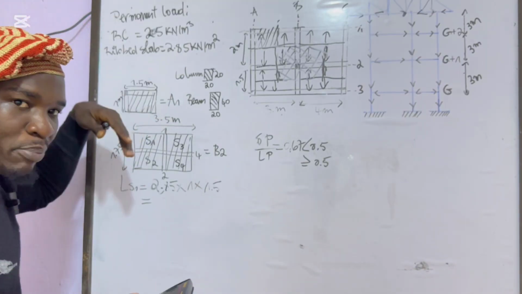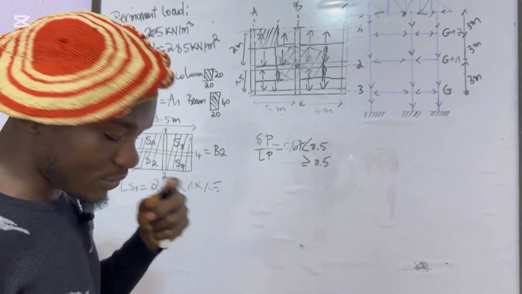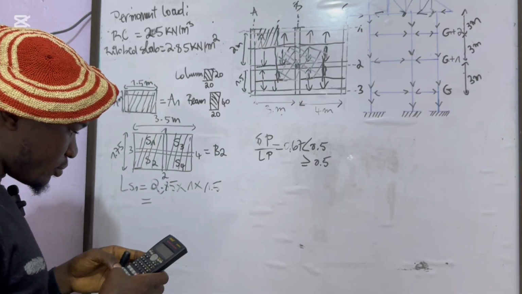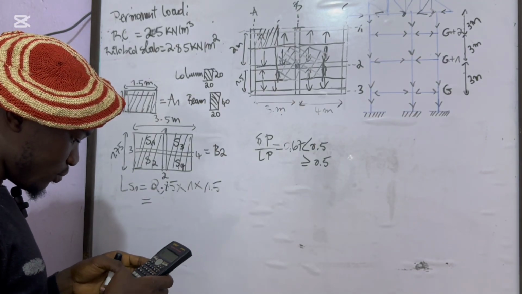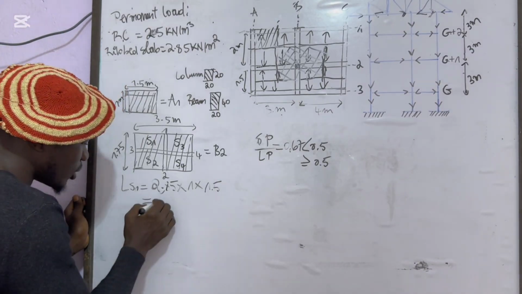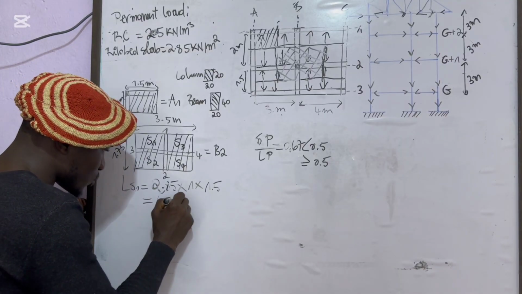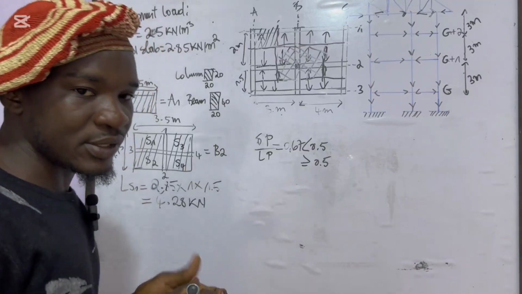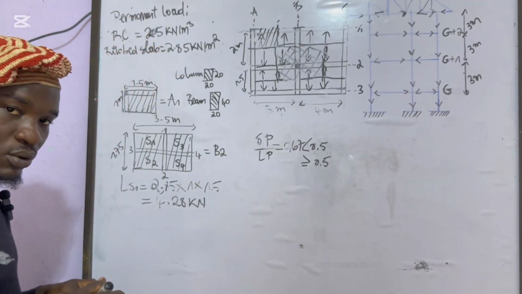You can get the permanent load and the live load, depending on the purpose of the building, in those codes, whether it's Eurocode, BAEL, or other. So 2.85 times 1 times 1.5, we have 4.275. So we can round it up to 4.28 kilonewton. And remember, as it is the load going directly to the column, we give the load directly in kilonewton.